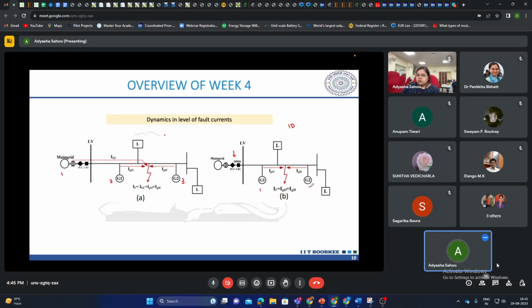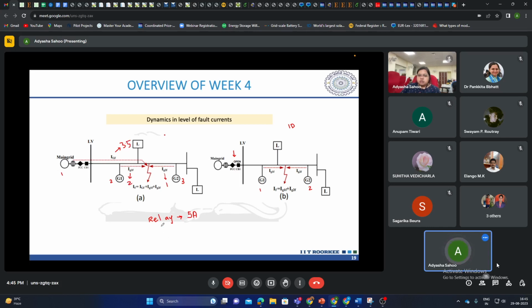So what will happen is, let's say we did not consider the islanding mode of operation and set the overcurrent relay setting as, let's say, 5 amps. Previously we had this as 3, and let's say this was 1, this is 3.5, and this is 2.